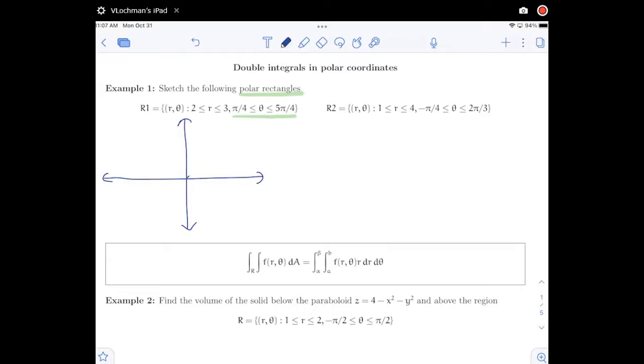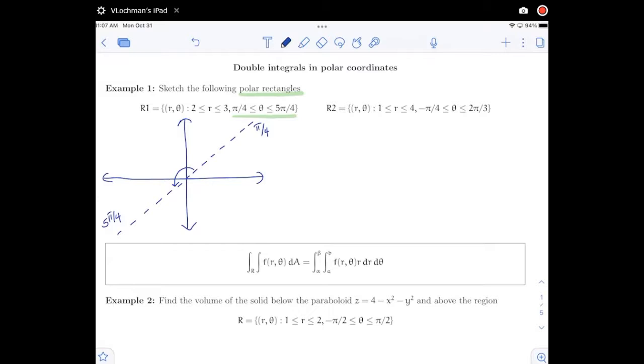So I'm going to mark these angles: this one is pi over 4, and 5 pi over 4 would be in the third quadrant, right here. So that's where my angle goes. I'm going to indicate the direction, so I'm going to go this way.